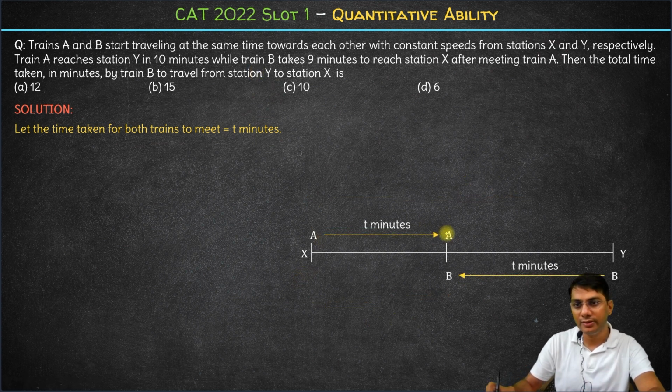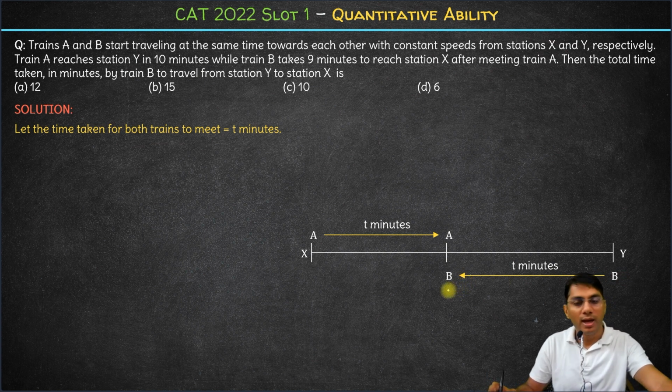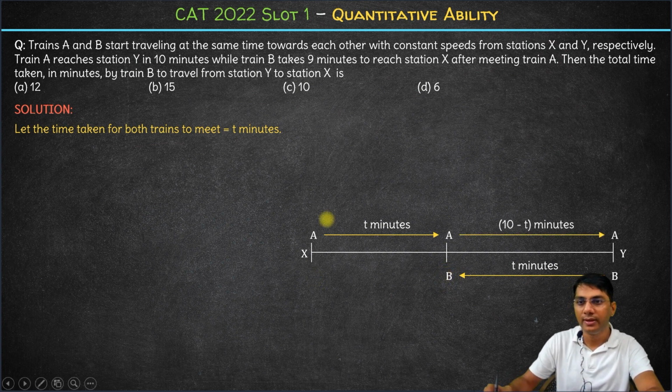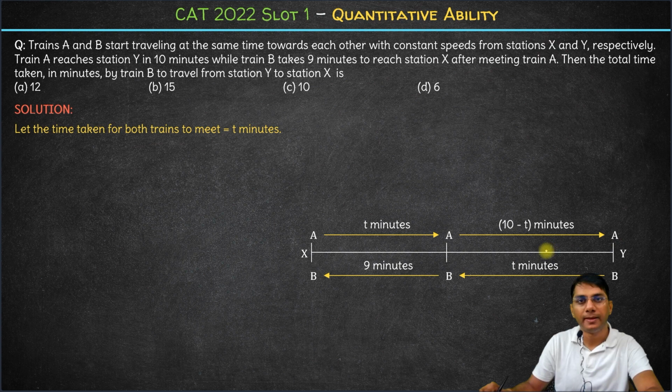So let's say A reaches meeting point in t minutes, B also reaches meeting point in t minutes. Now, after meeting, B takes 9 minutes to reach X, and since A takes total 10 minutes, after meeting, A will take 10 minus t minutes to reach Y. So these are the times taken by A and B respectively to reach the other end after meeting.